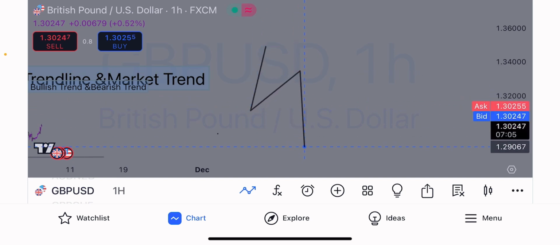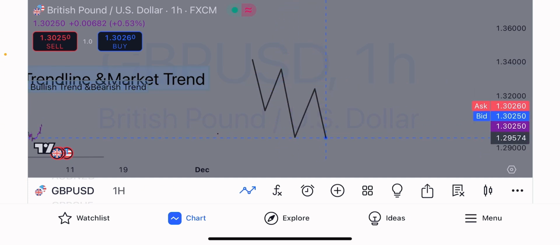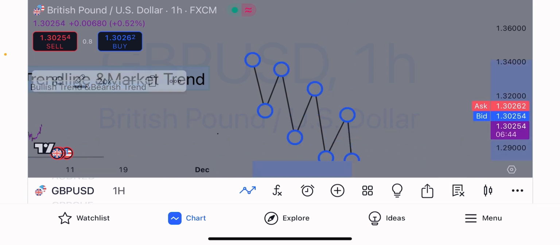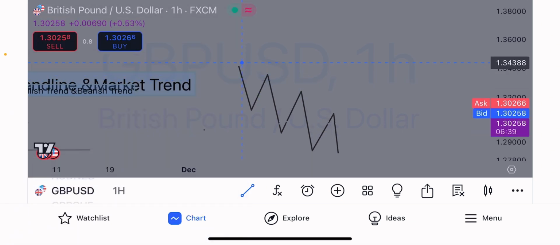A lower low, lower high here, lower low, lower high, lower low, lower high, lower low, right? And like I said, these lower highs are protected levels, right? Protected levels. When the market is bearish, it doesn't take out these lower highs. Instead, it takes out the lower lows, indicating that it is still bearish.